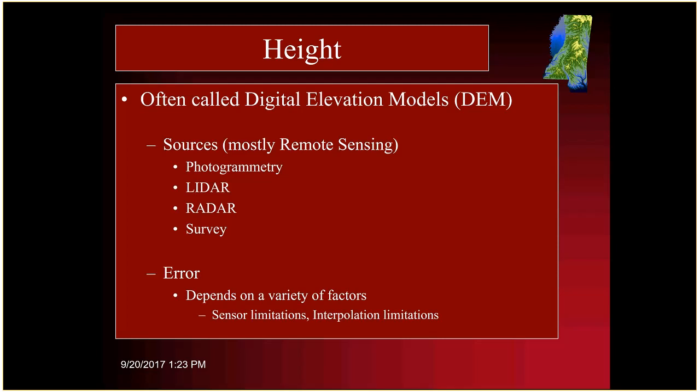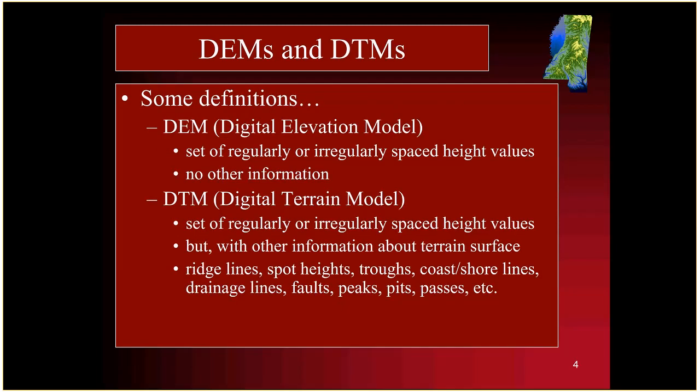Really quickly, here are a couple of definitions. A digital elevation model is just a set of regularly or irregularly spaced height values that represent points on the surface of the Earth. Sometimes you'll hear the term digital terrain model, and this term didn't come into play until we had really high resolution data sets that were capable of detecting very small portions of the Earth at very high accuracies.